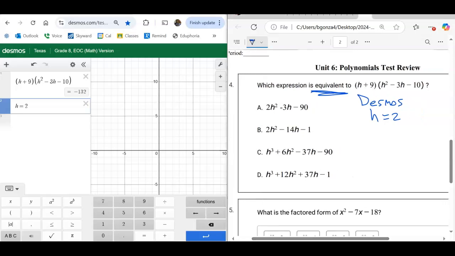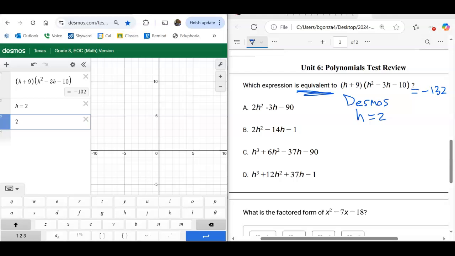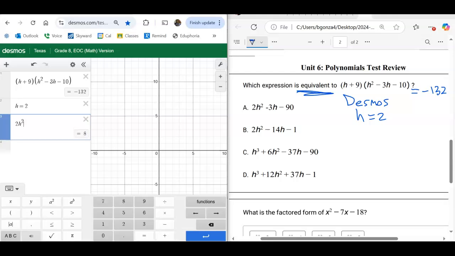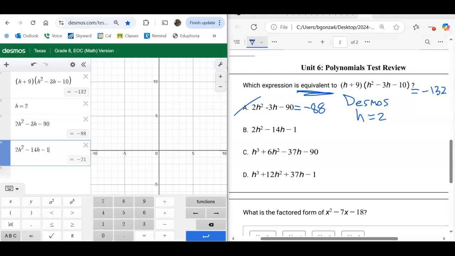So I got it equals negative 132. So let's type in our answer choices. Okay, I got negative 88. That's not it. Got negative 21. That's not it.